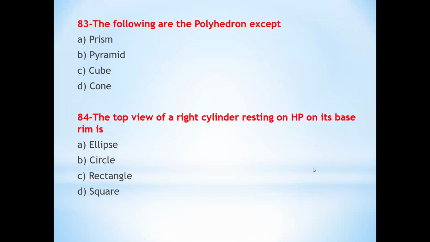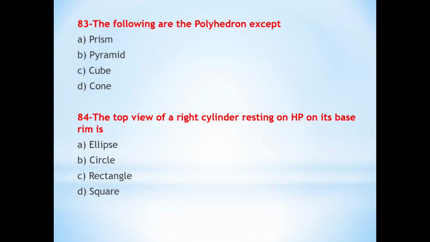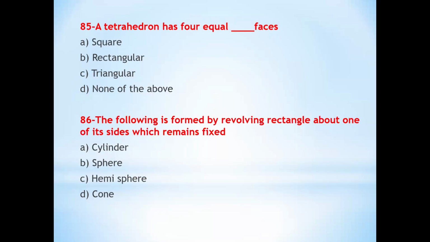Okay, we'll see the next one. The tetrahedron has 4 equal dash dash faces. So we know that whatever the tetrahedron is, we get triangular faces, and equal triangular faces also.